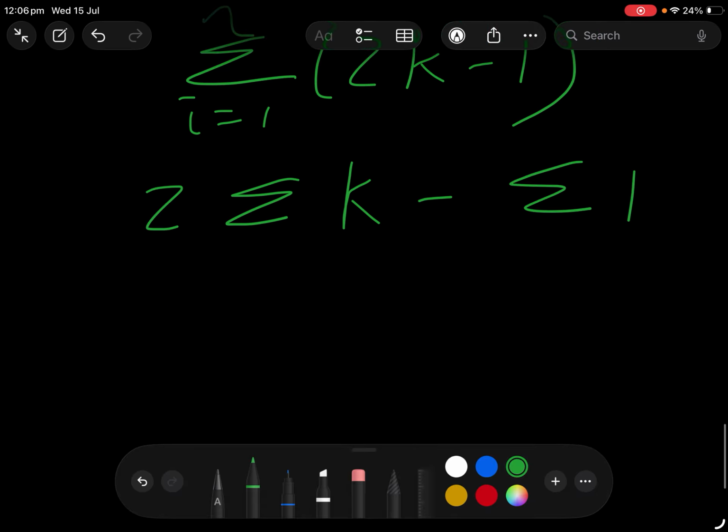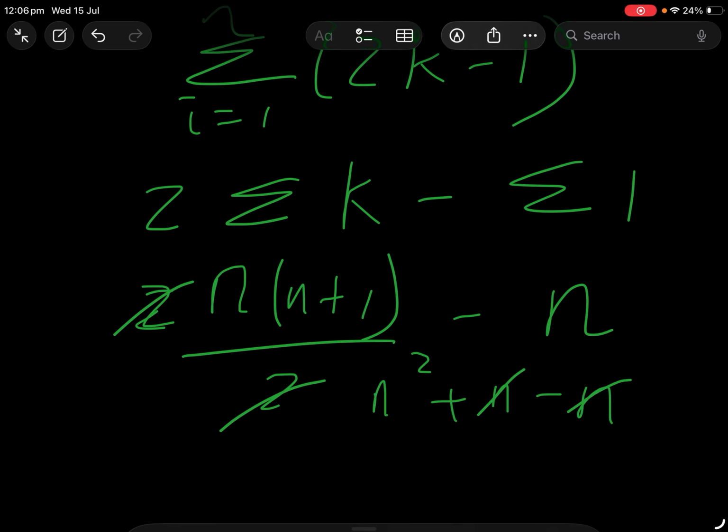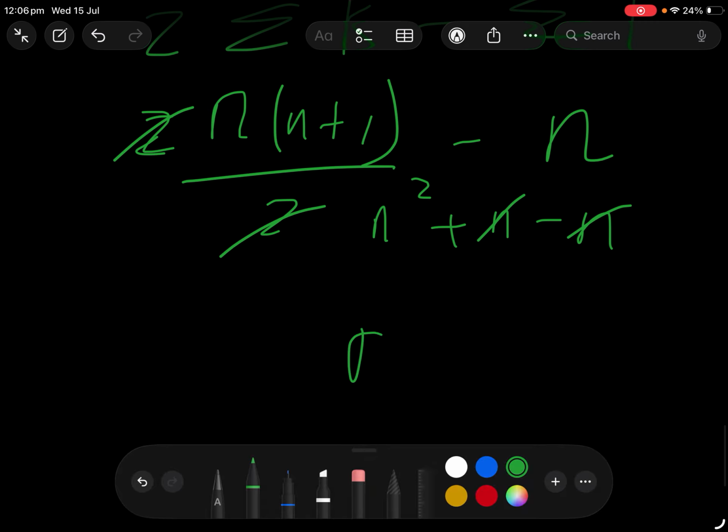Summation of k over n is n into n plus 1 divided by 2, and this 2 stays outside. Minus summation of 1 is n. We'll cancel this 2. It will be n square plus n minus n. This n will be cancelled and our answer is n square.